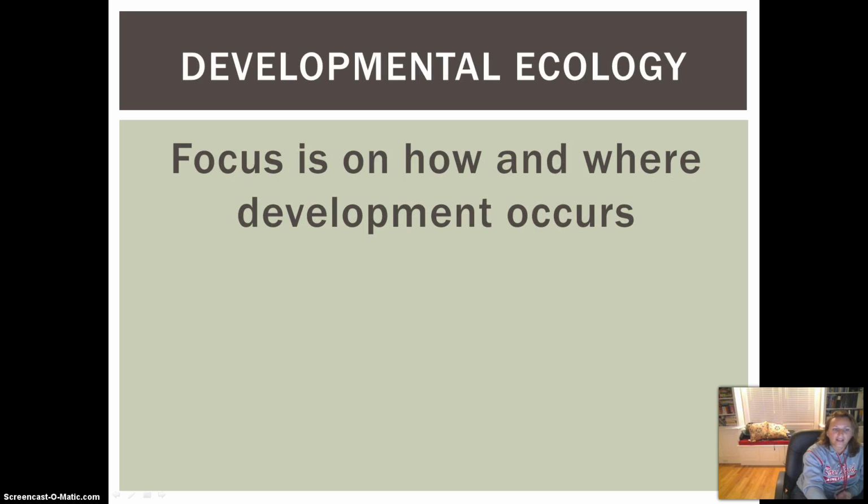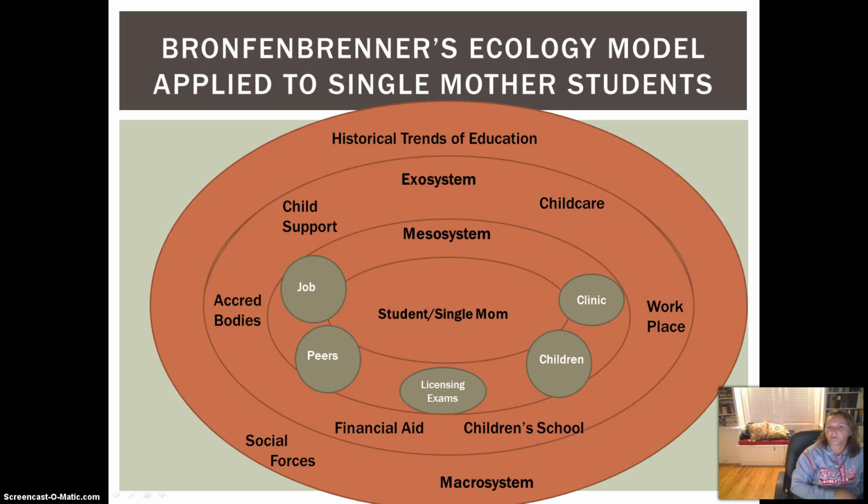So the last thing I did was I looked at Bronfenbrenner's ecology model. Developmental ecology focuses on how and where development occurs. When I looked at Bronfenbrenner's ecology model, the student or the single mom is the center. The next ring is the mesosystem.